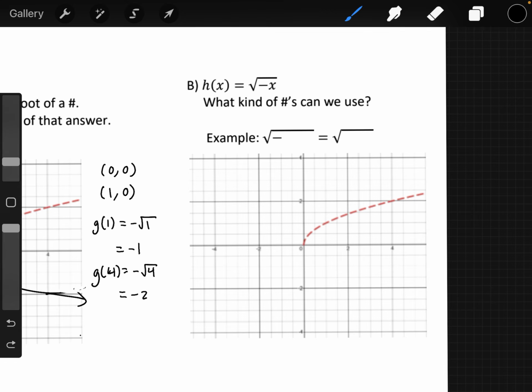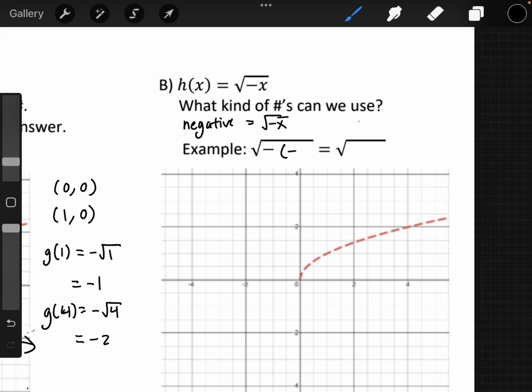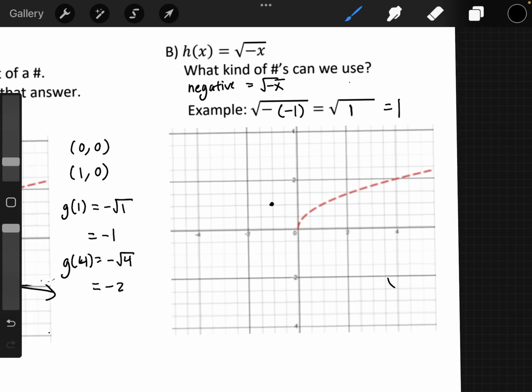So when x is negative, what kind of numbers can we use for x? We can only use negative numbers, because a positive number will give us a negative under the root, and we can't take the square root of a negative without incorporating imaginary numbers. So as an example, we'll take when x equals negative 1, negative 1 times negative is just positive 1, which equals 1. So when x equals negative 1, the answer is positive.